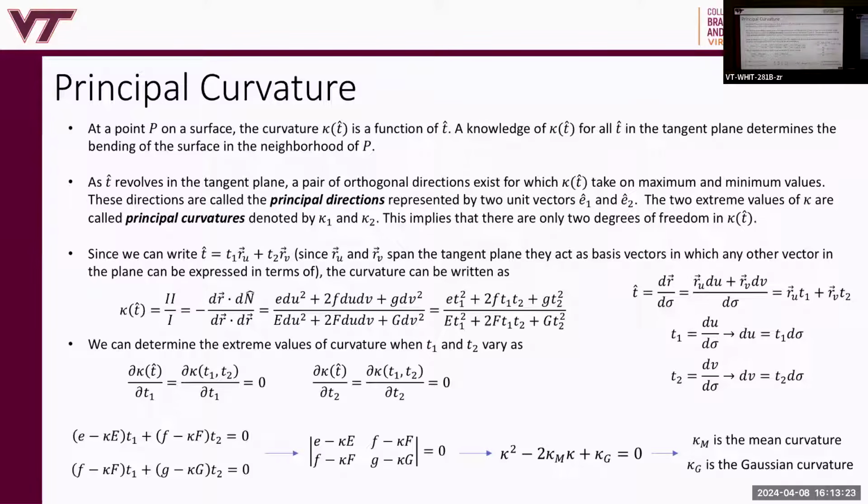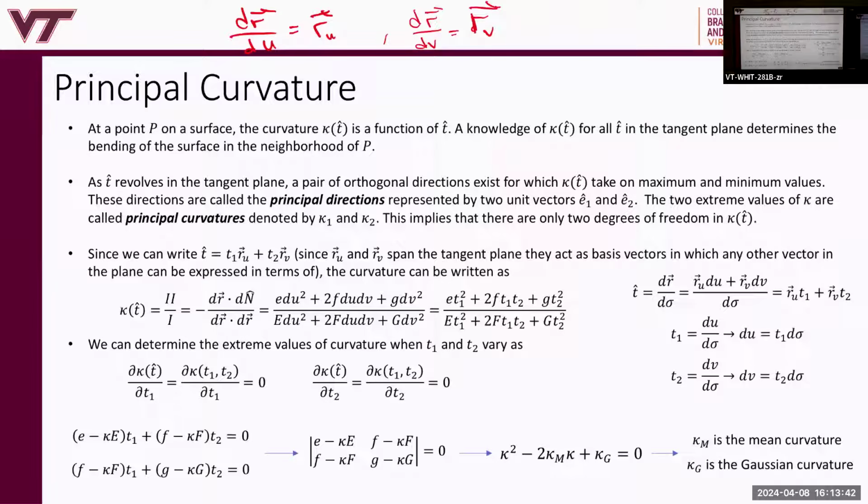How is that? Okay. Well, think about this. It's the total differential, right? So if I have dr du, well, that's equal to ru, right? dr dv is, whoops, rv, right?